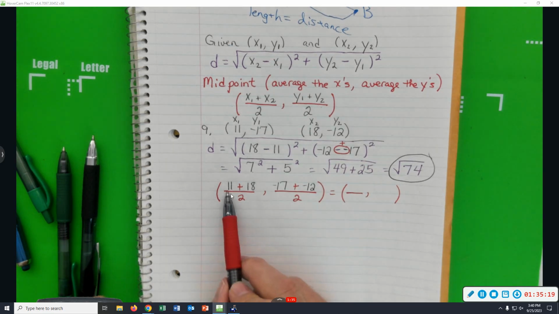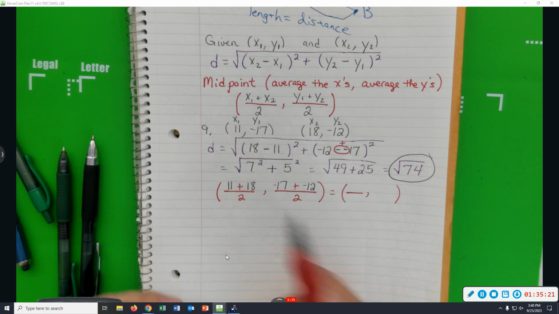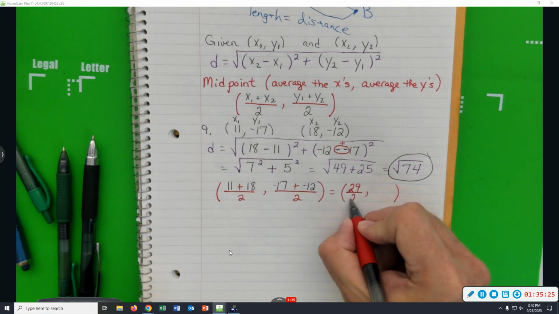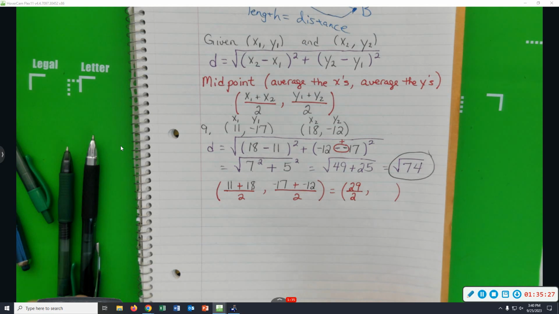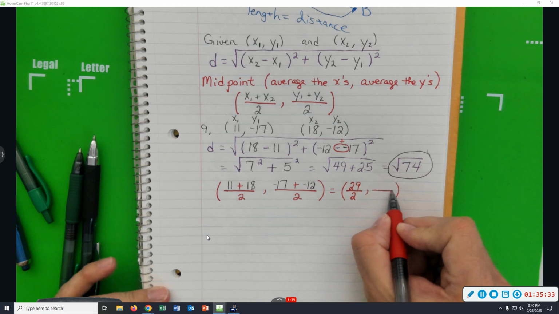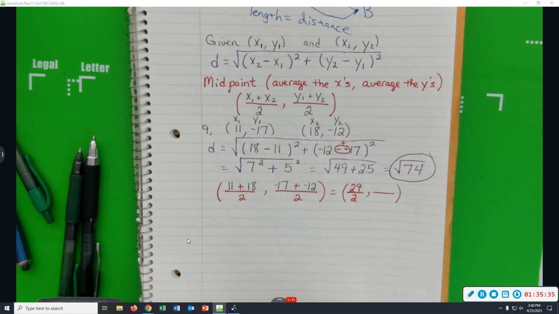Now, 11 plus 18, is that going to be a 29 on top? 29 over 2. We'll just leave it like that. We don't write it as 14.5. Pearson doesn't usually like decimals unless it's dollars and cents.